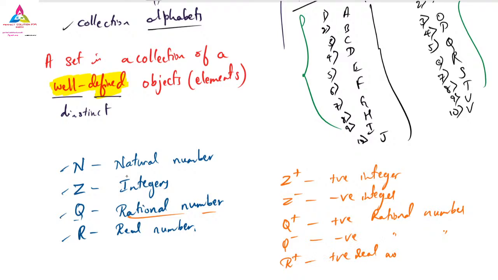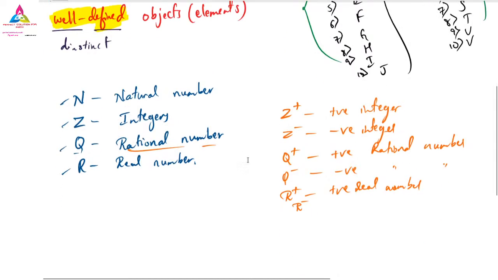Similarly, we have R minus also, the negative real numbers. These are the important notations you have to remember when you are going for set theory.